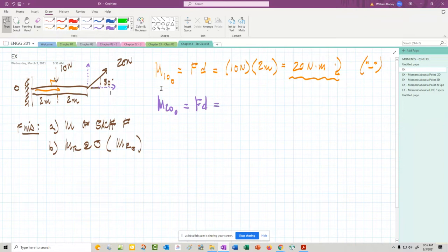Now the moment is going to be due to both of those. So it's going to be due to the force in the Y direction at the distance X plus the force in the X direction component times the distance Y. So here's the force in the Y, here's the force in the X. Distance would be here. There's the distance in the X.